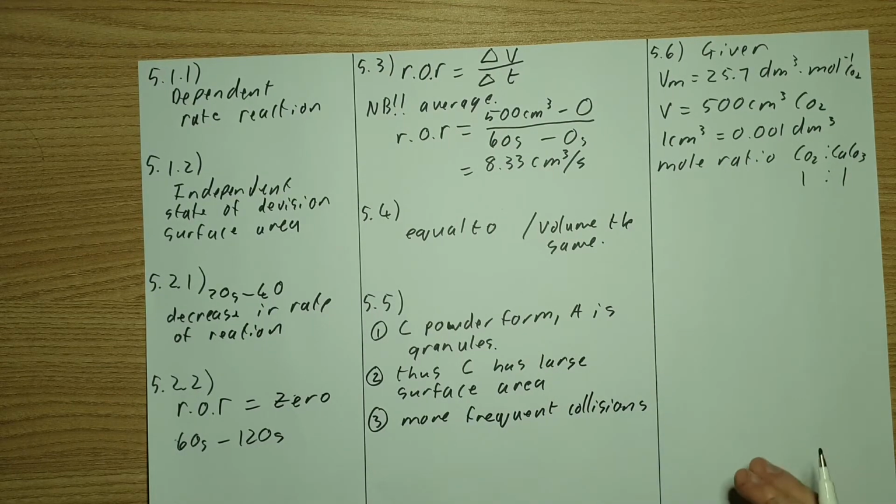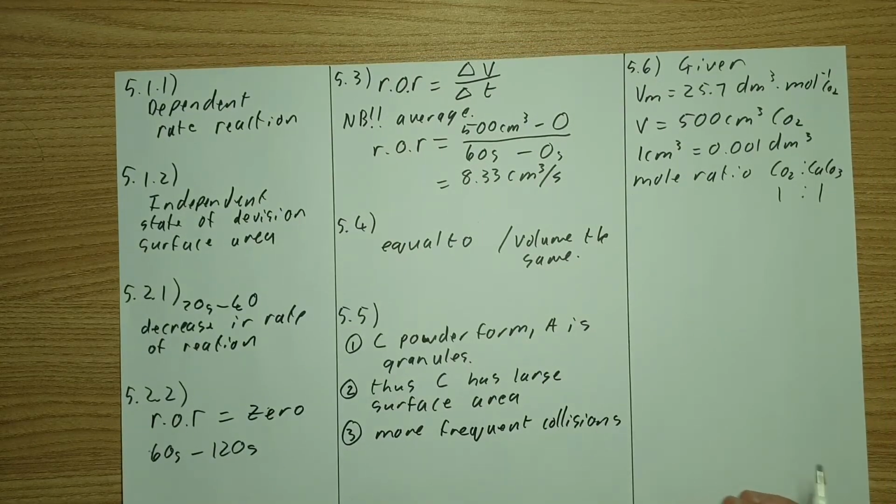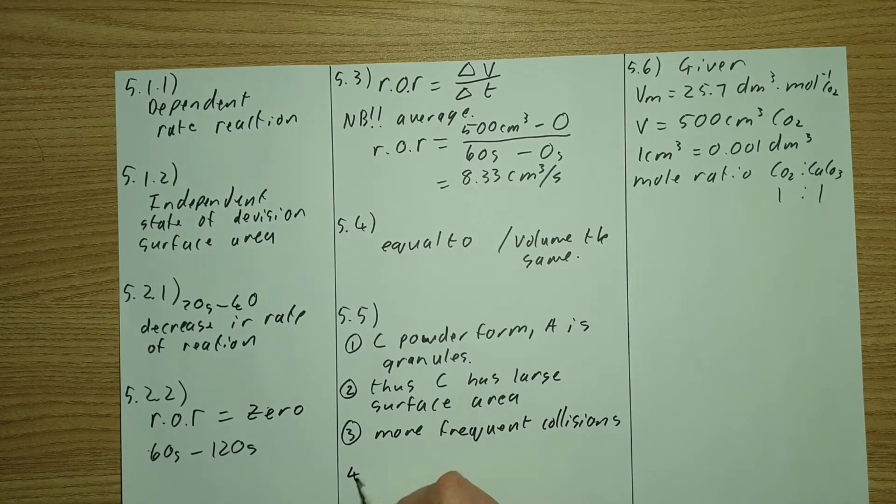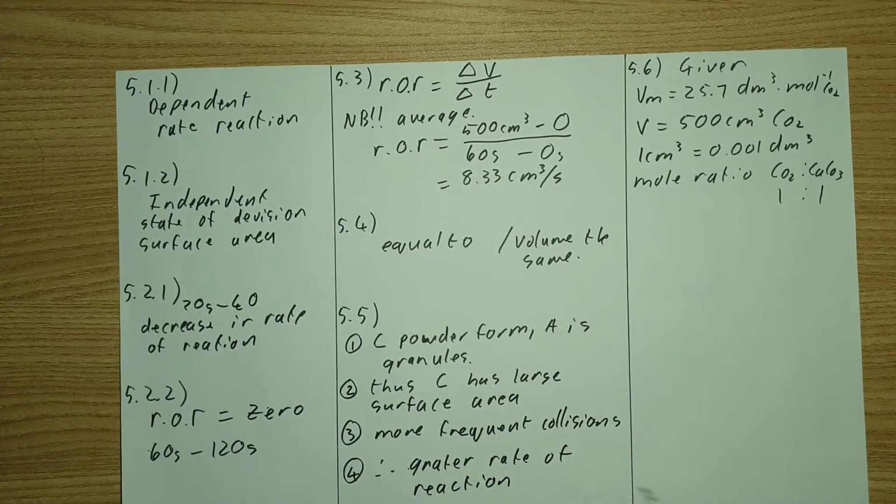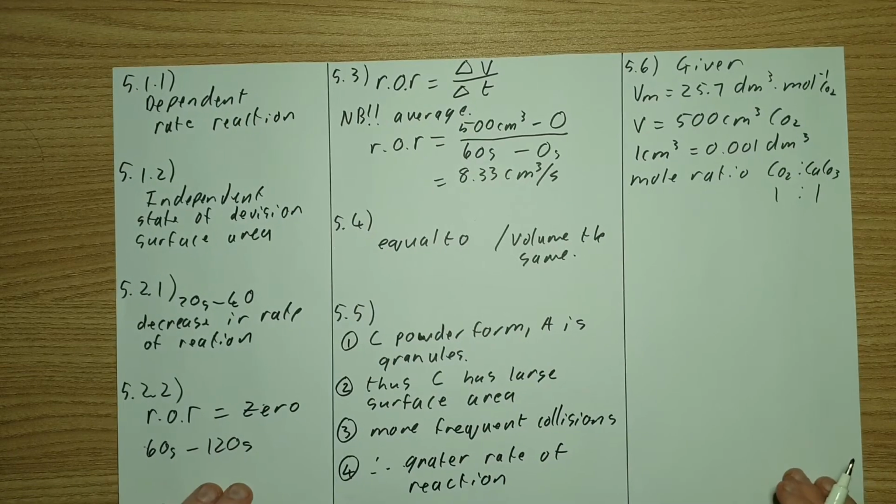And if more frequent collisions are taking place, there is a greater rate of reaction. So therefore, number 4, you can state, therefore, greater rate of reaction. Okay, so it will be greater than that of A.